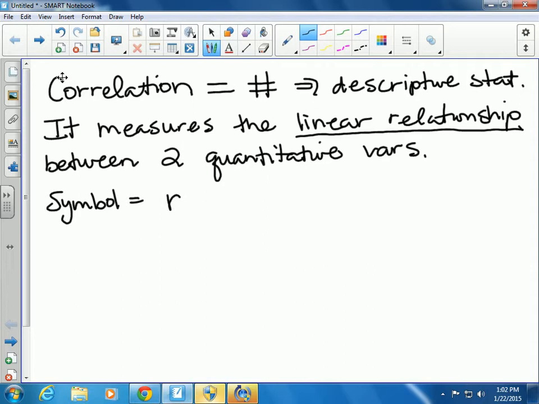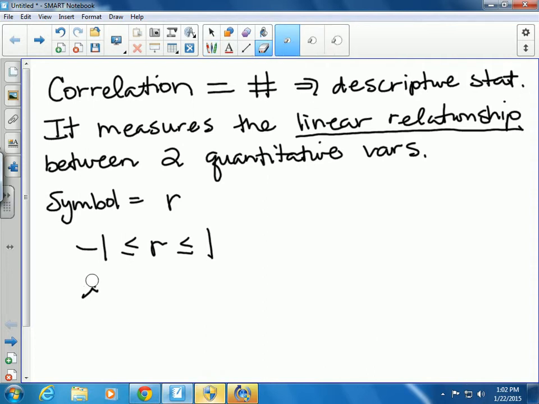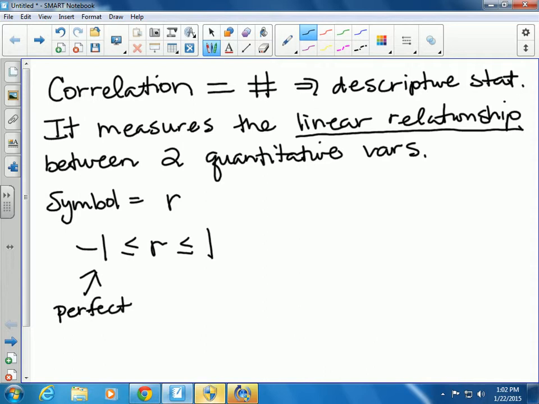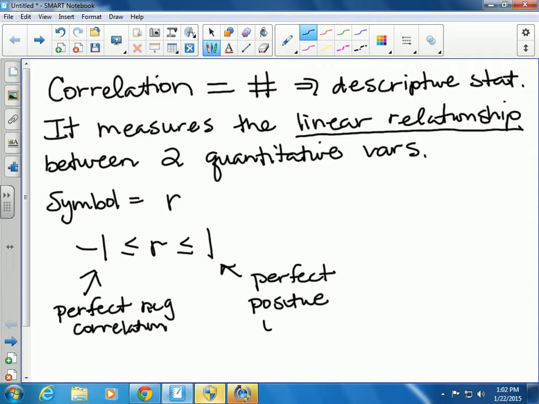Capital R means something totally different, so the symbol is baby r, and it is bounded between -1 and 1, where -1 is perfect negative correlation, and 1 means perfect positive correlation.